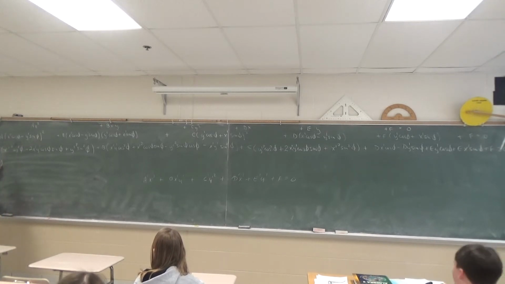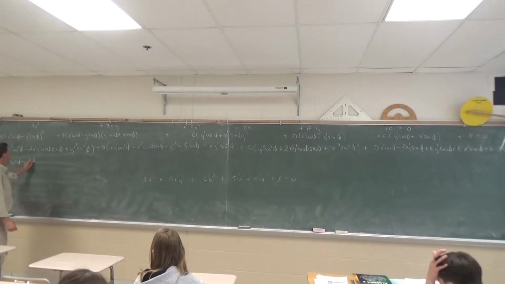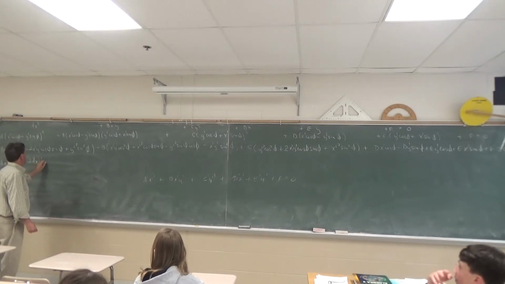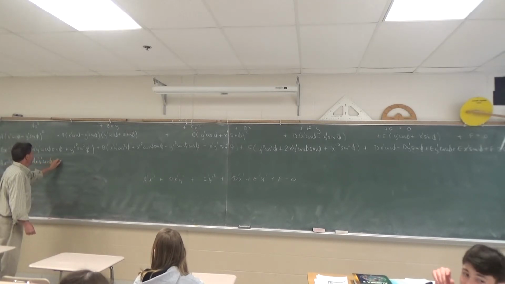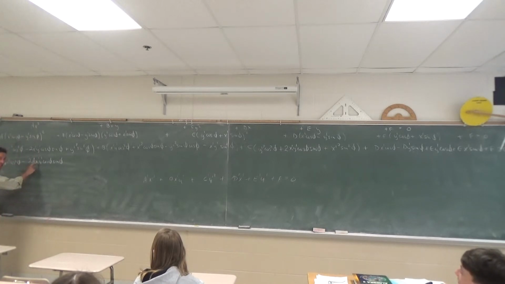Let's just write it again. So A, I'm going to distribute, that's all I'm going to do. A x prime squared cosine squared, minus 2a x prime y prime cosine sine. This is the one you want to deal with. This is where we're going. We don't care about this right now.